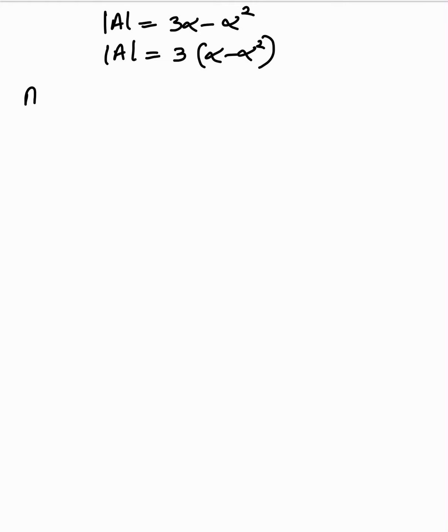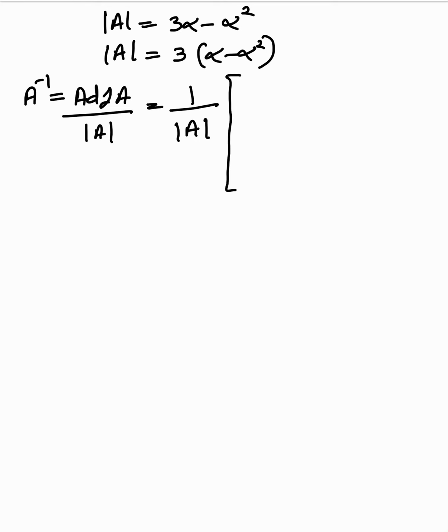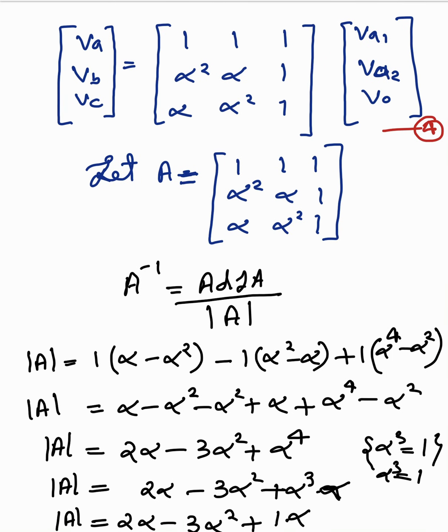So A inverse is the adjoint of A by the determinant of A, so 1 by determinant of A. Now we have to calculate the adjoint of A. Basically we have to calculate each and every individual parameter.